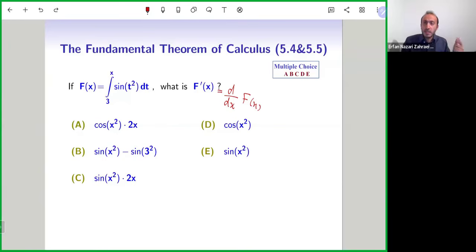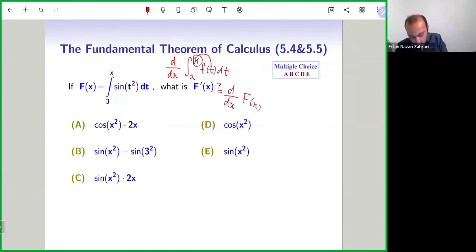So by fundamental theorem of calculus part 2, let me actually rewrite what fundamental theorem of calculus part 2 was. It was that if you take the derivative of the integral from a to x of f(t) dt, where a is constant and x is the variable that you are taking the derivative with respect to, then the answer is very simple.